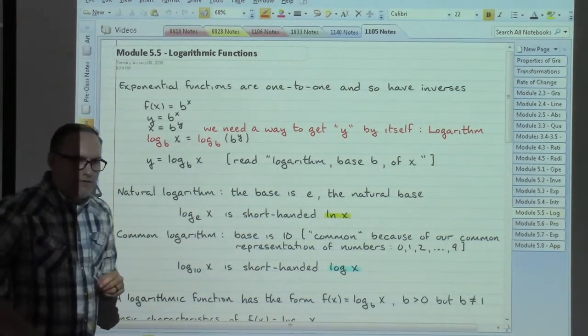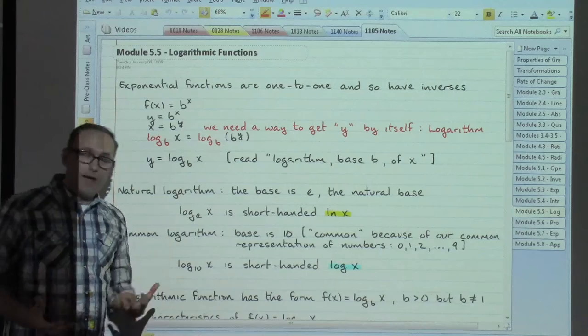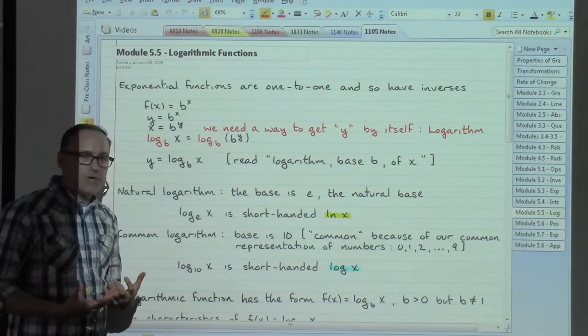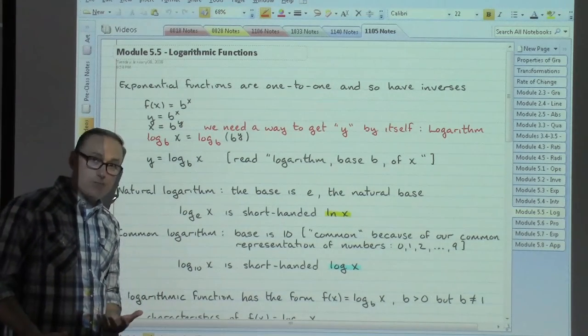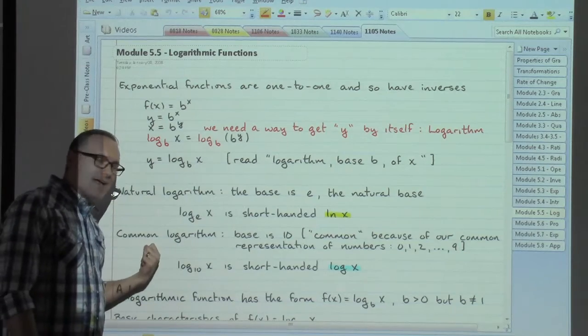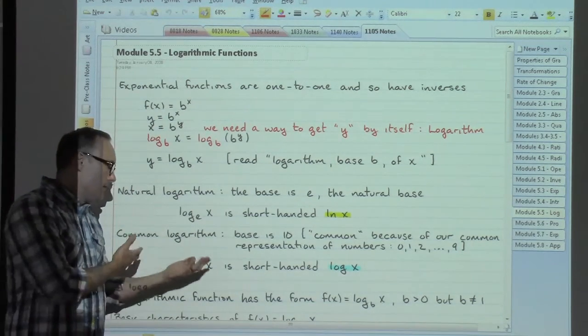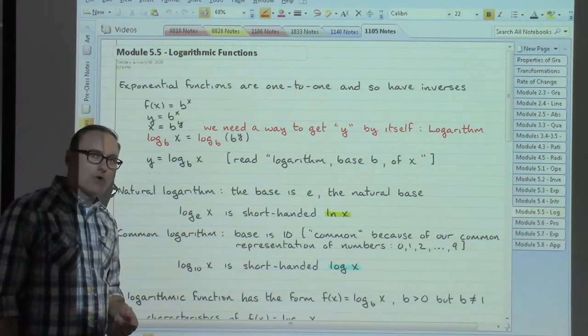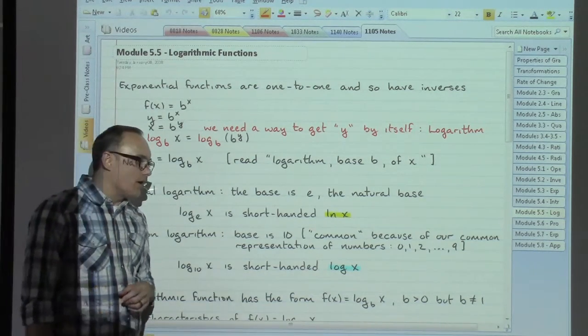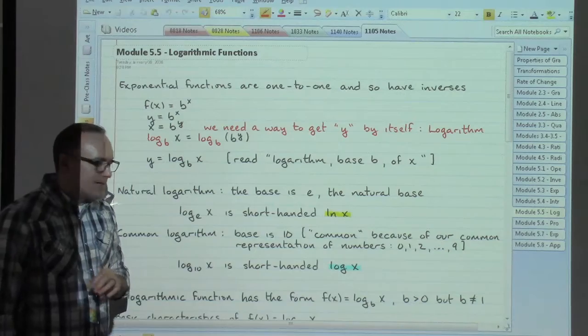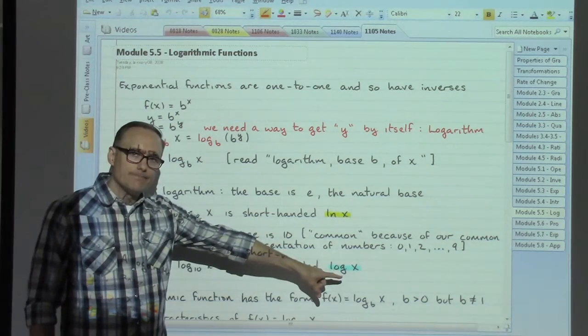But we also have, because of our number system, the common number system that we use is a base 10 decimal number system. That's common. So if we have a base 10 logarithm, we'll call that the common logarithm. This would be the only logarithm where we do not write a base.